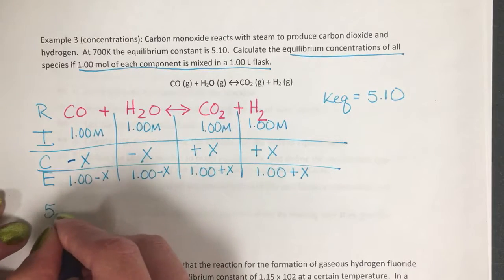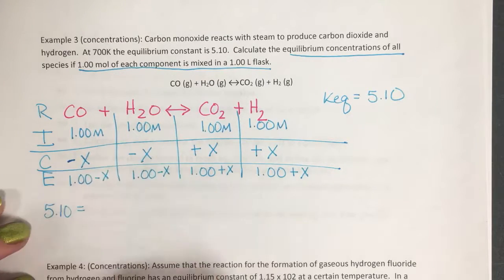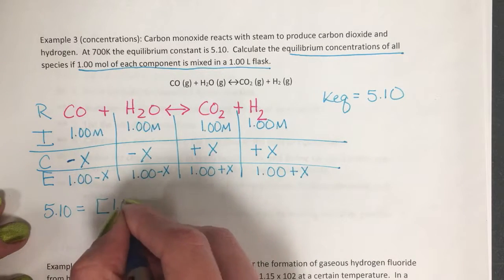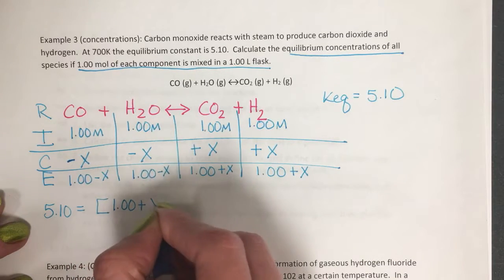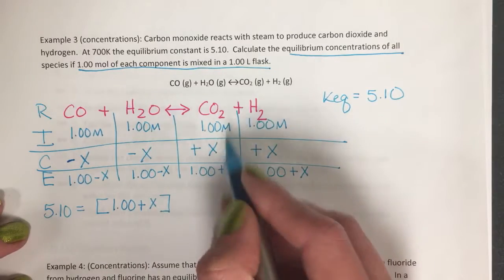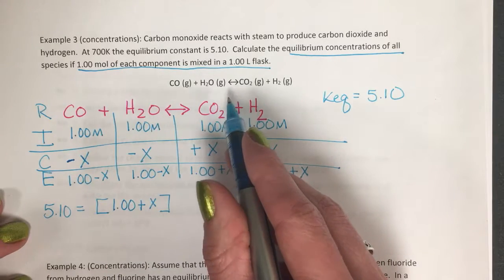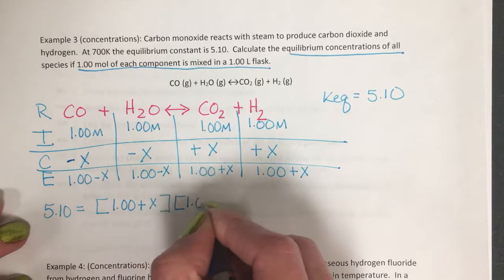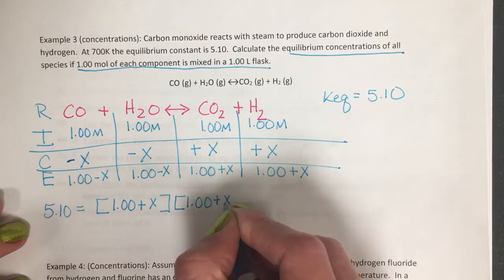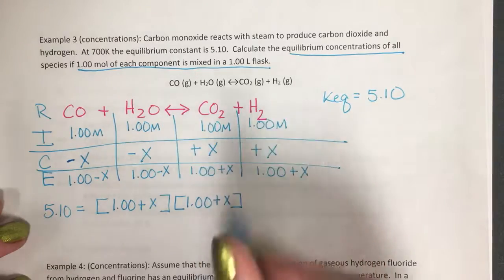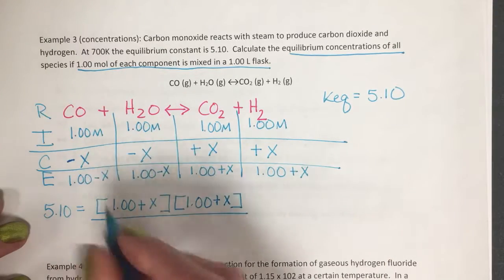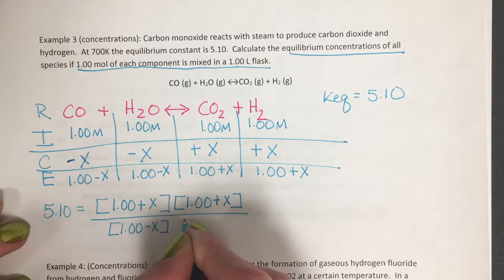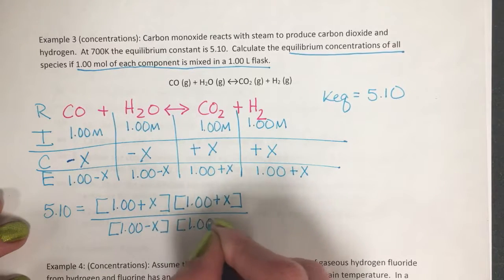So my KEQ is equal to the concentration of my products raised to the coefficient times the concentration of my products raised to the coefficient divided by my reactants raised to their coefficient.